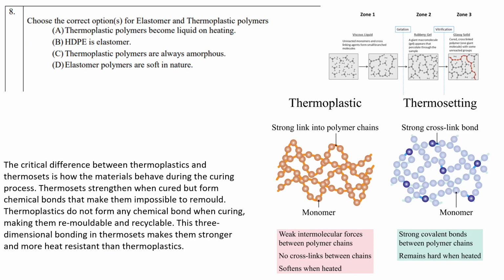Now, for this case, they are asking about the right option for elastomer and thermoplastic polymer. So at first we need to know what the thermoplastic and thermosetting polymers and the elastomer are.